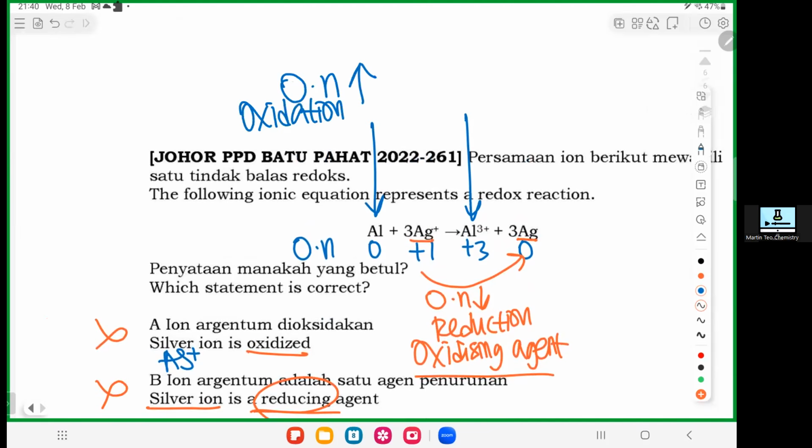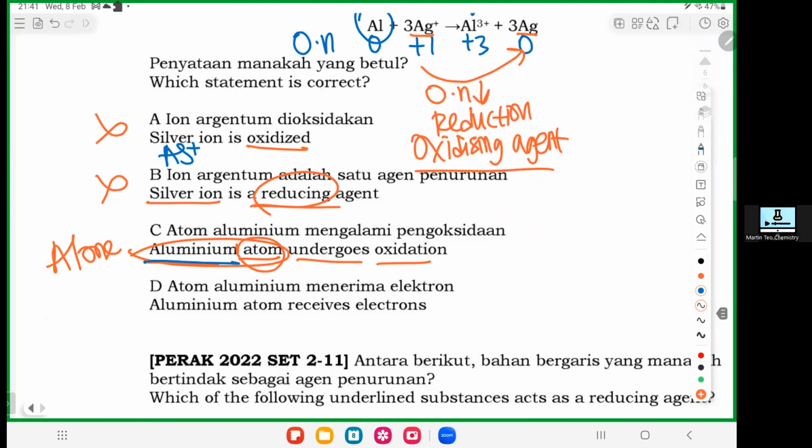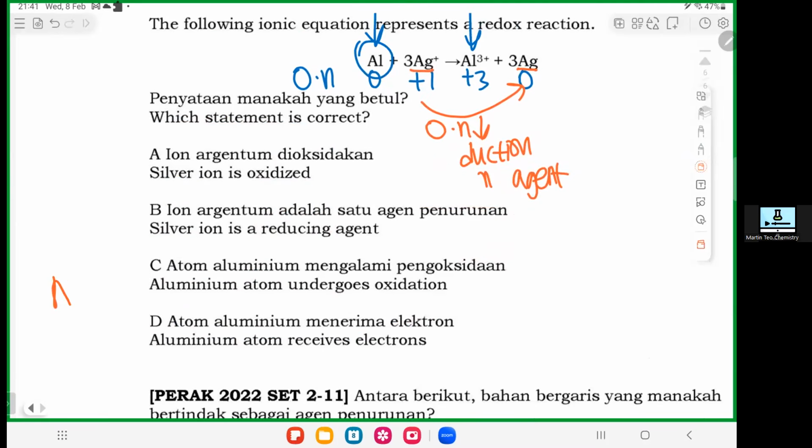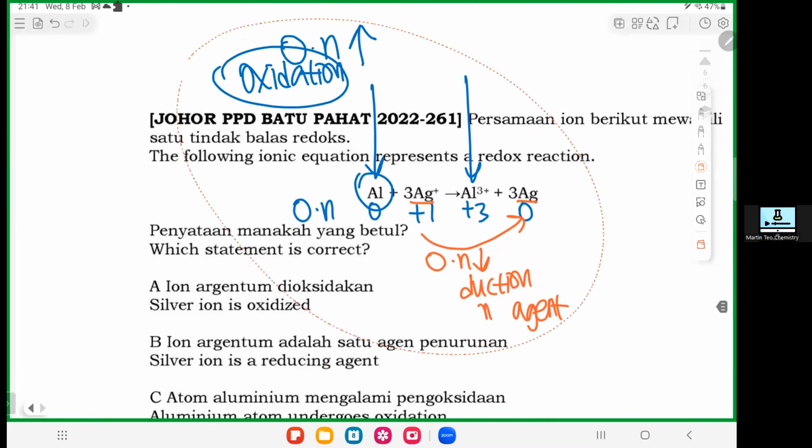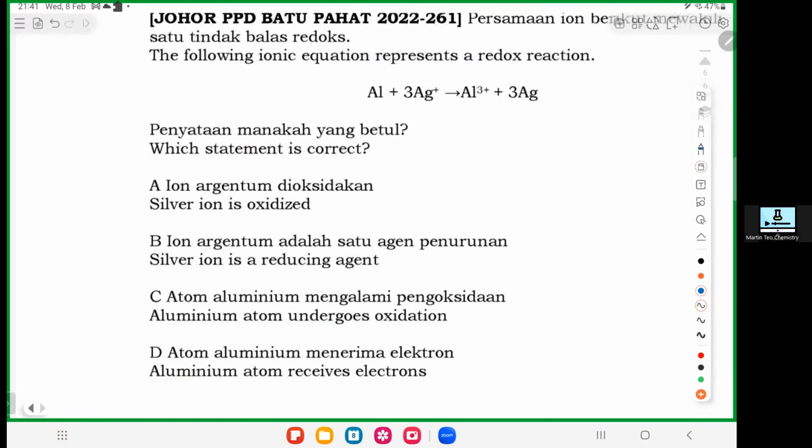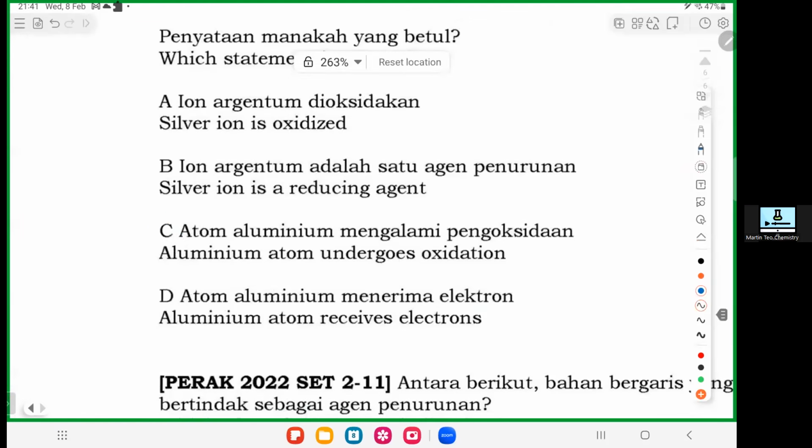So yes, aluminium undergoes the oxidation process. So the answer is C. From the answers I can see in the chat box, for the first one, all of you got it correct.